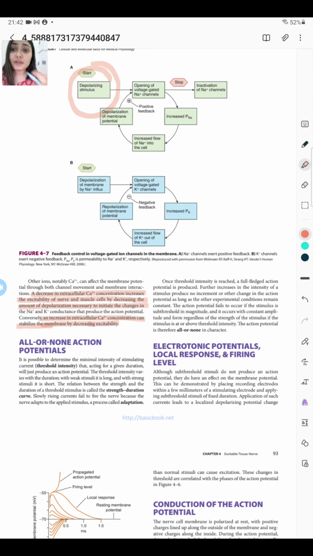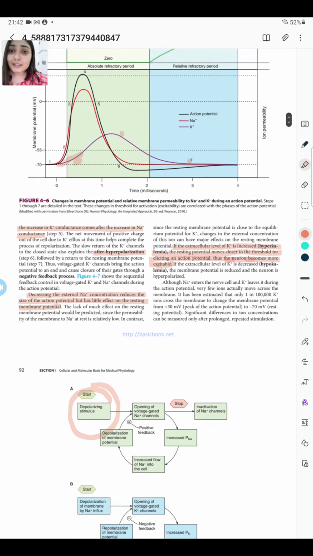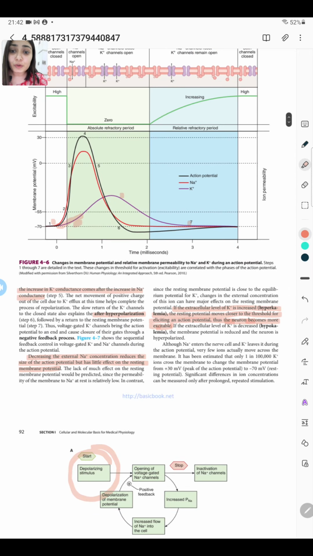This positive feedback loop starts, and there is a gradual increase in the conductance of the sodium channel over time, and thus there is an overshoot of the action potential, in which a lot of sodium channels are open. But we have studied the property of sodium channels, that they open really fast, but their conductance is not prolonged.